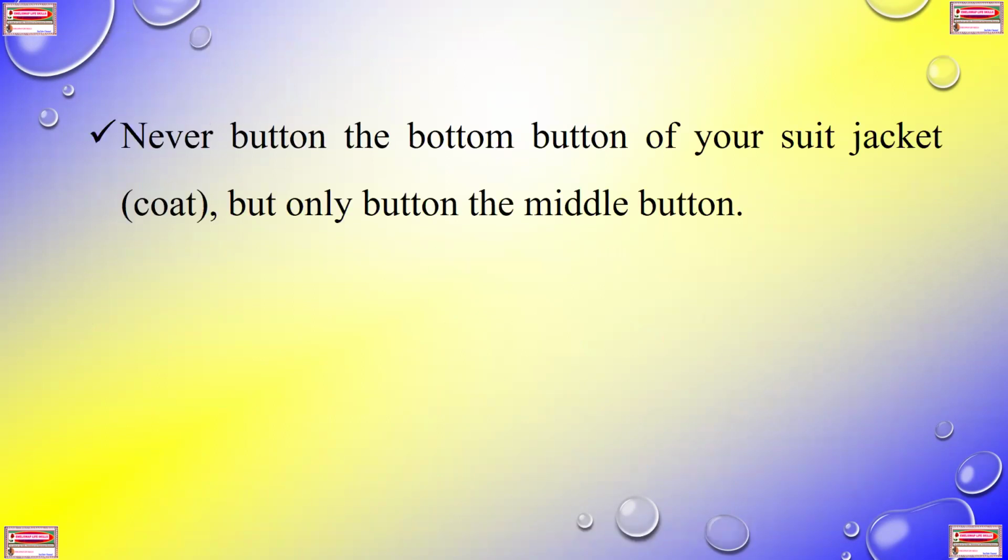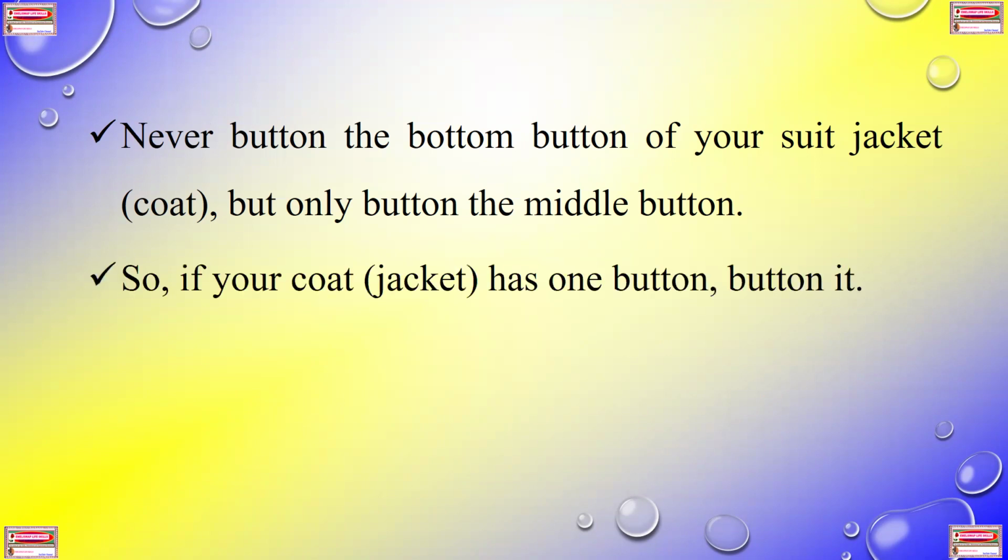Never, never button the bottom button of your suit jacket or coat, but only button the middle button.